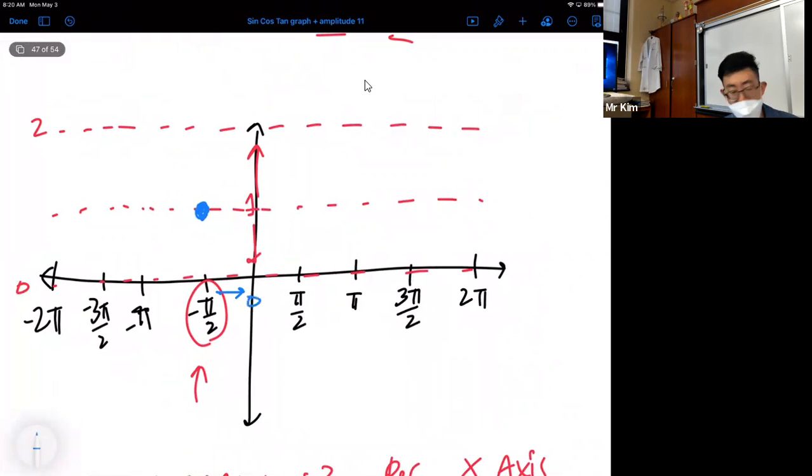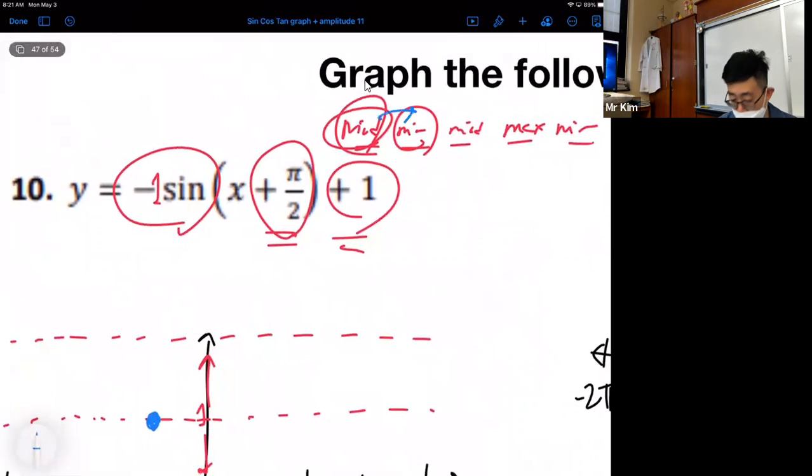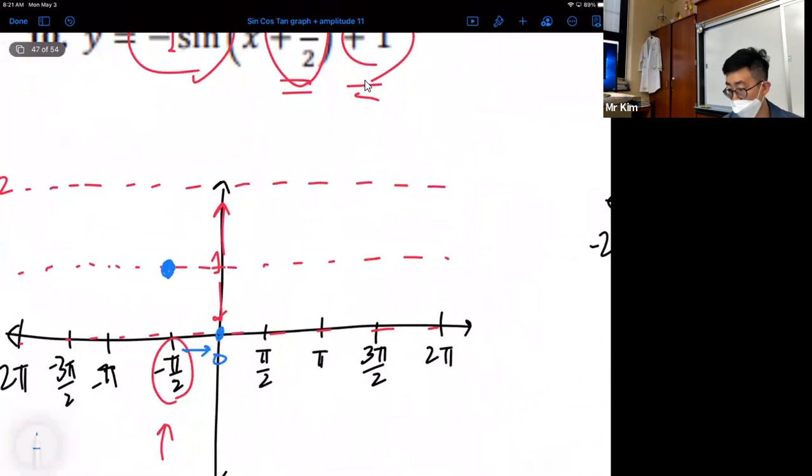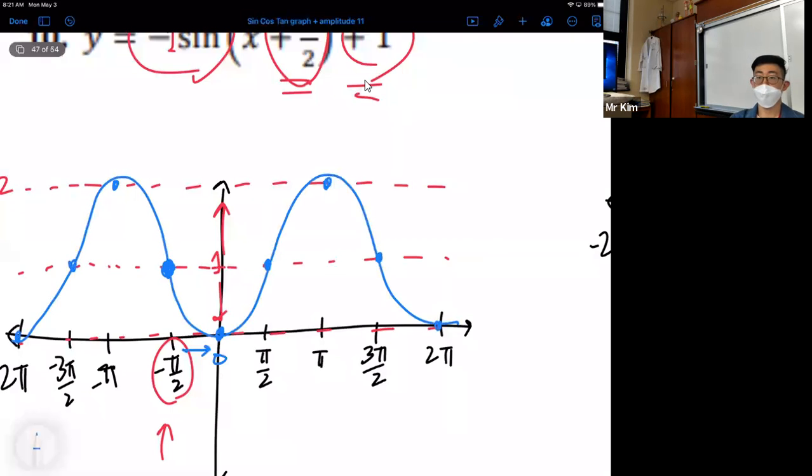So the next one on the list is 0. And the next one on the list here, we're going to go to minimum. So we're going to go down here. Pi over 2, we're going to go back up. And then everything after that is pretty much self-explanatory because it's just going to keep on alternating back and forth. So this is the wave that you're supposed to get.